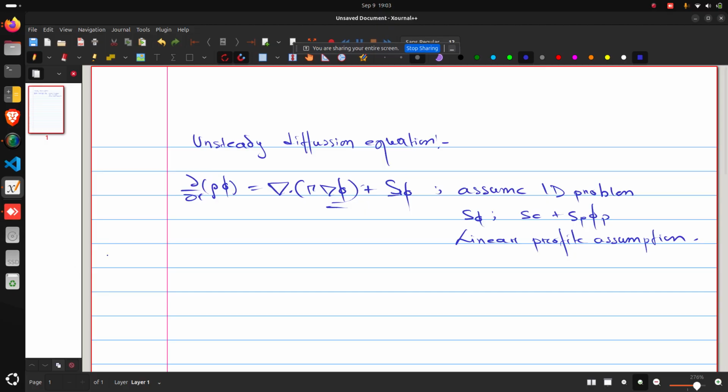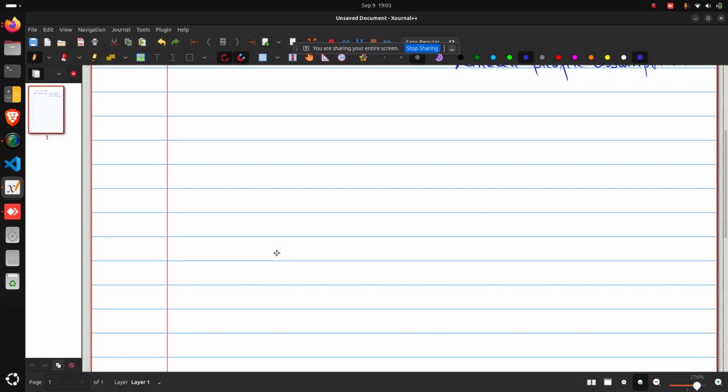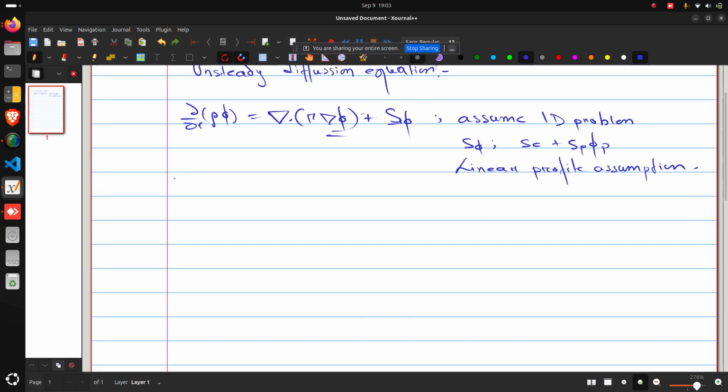Okay, so from here it is quite straightforward, right? We will integrate both in space and time, over the control volume and from t to t plus delta t, dou by dou t of rho phi dV dt. If you remember, we had written it like this.